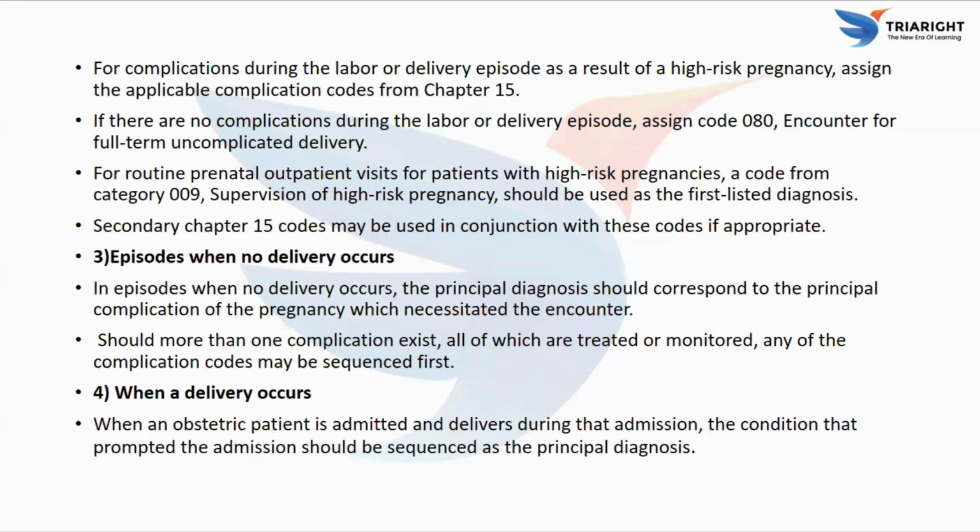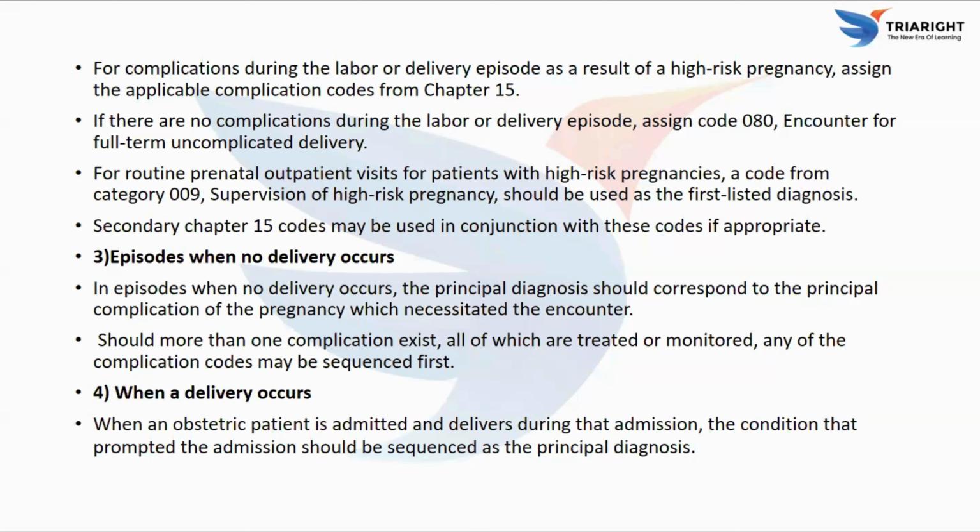This slide explains how to choose the correct diagnosis codes for patients with high-risk pregnancies, especially during labor, delivery or prenatal visit. So let's break it down step by step. First, complications during labor or delivery in a high-risk pregnancy. If a woman is high risk and she has complications during labor or delivery, you must use chapter 15 codes.